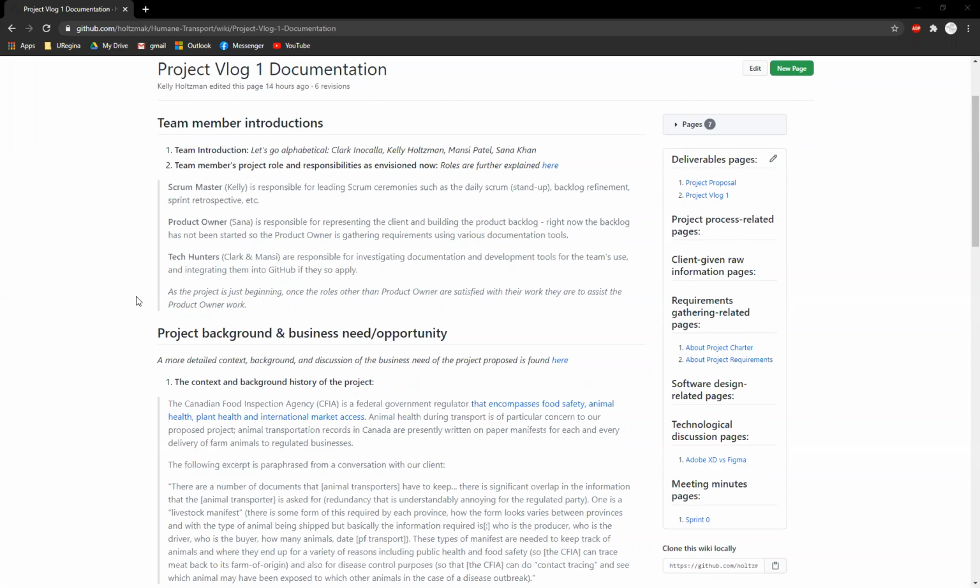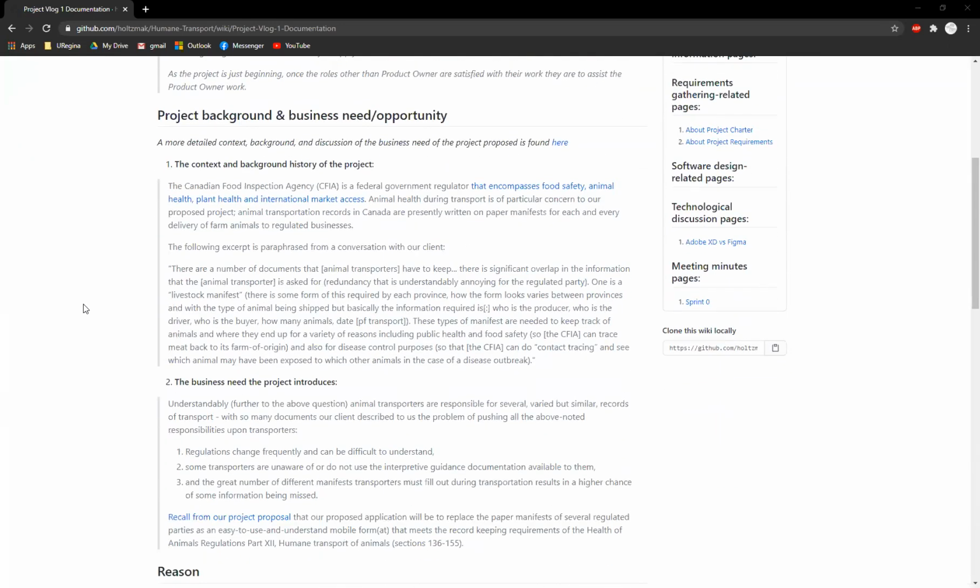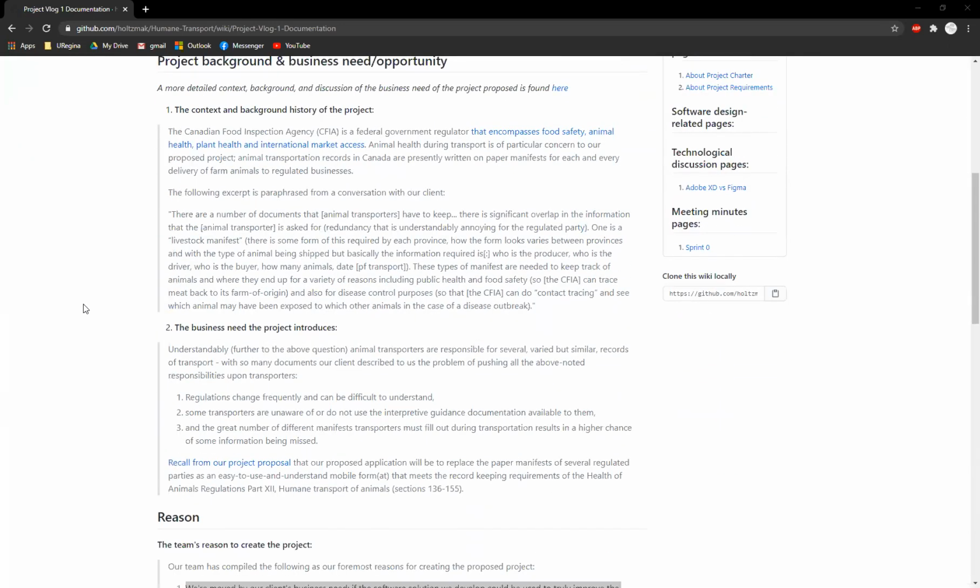However, in the future, I'm not sure if there's going to be Tech Hunters. Yeah, it's possible that we'll just all be developers at a certain point, so the tech hunters role will go away. Right. Also, since our project is beginning, roles other than the product owner are also to jump on product owner work as needed. So we'll talk a bit about our project background, our business need and opportunity here.